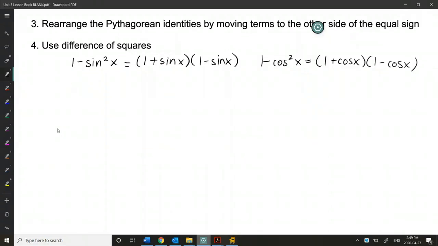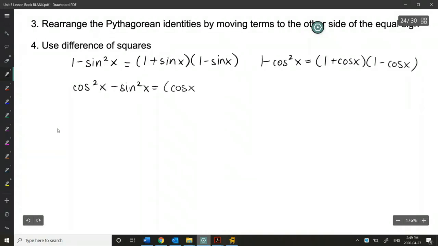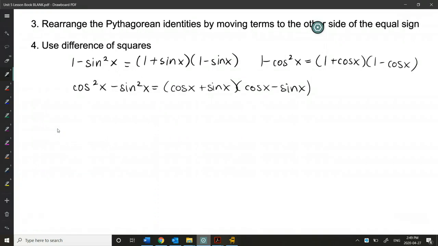You may also see something like cos squared x minus sine squared x. This can be factored into cos x plus sine x and cos x minus sine x. So the same math rules and factoring rules that we have learned in the past apply to trig identities.